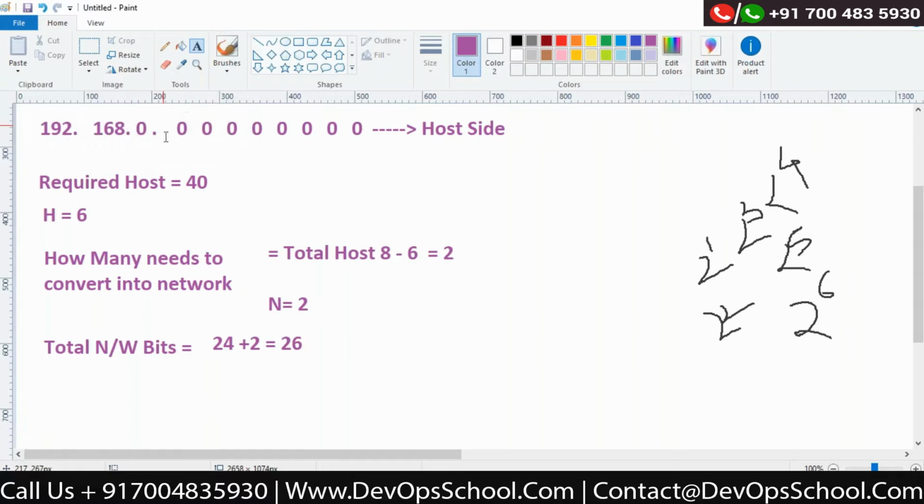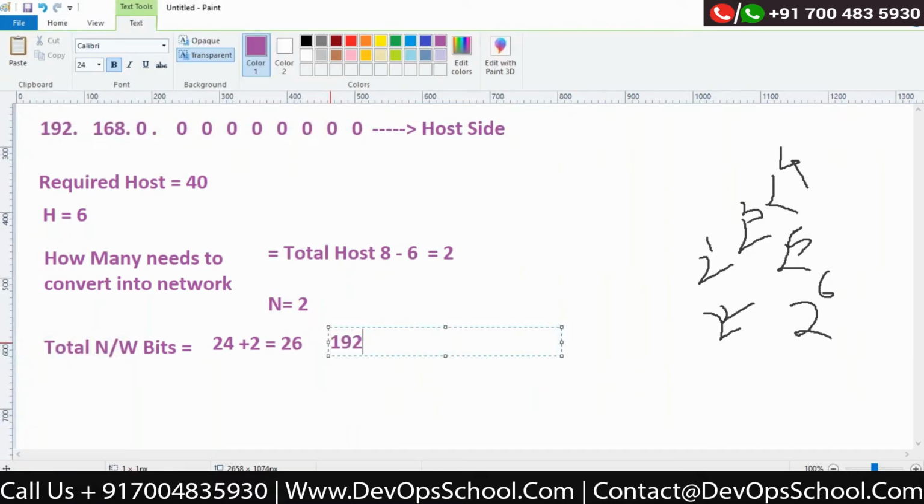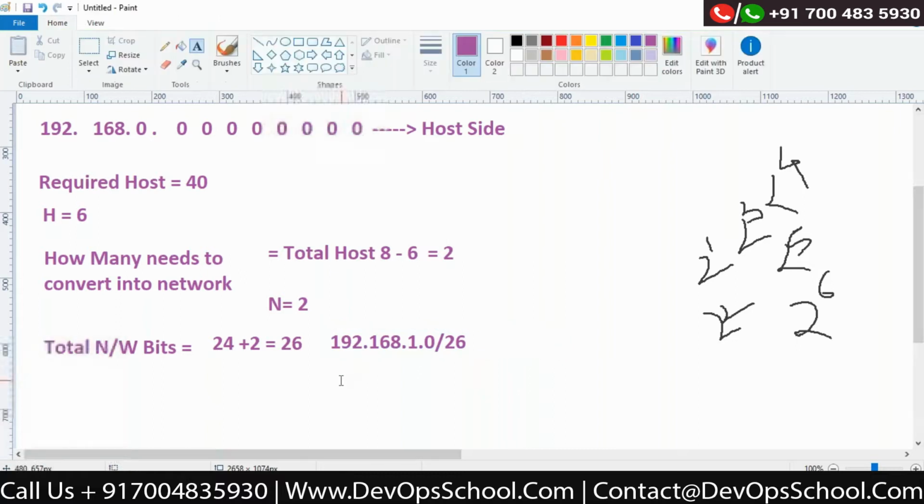I will take these 2 bits from the host bits and give them to the network bits. So total network bits would be 26. If I would like to write it in the CIDR method, I should say 192.168.1.0/26.